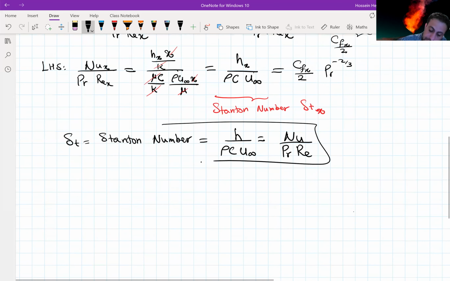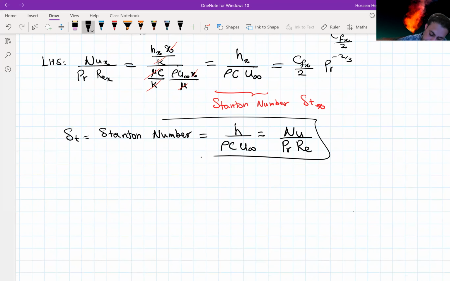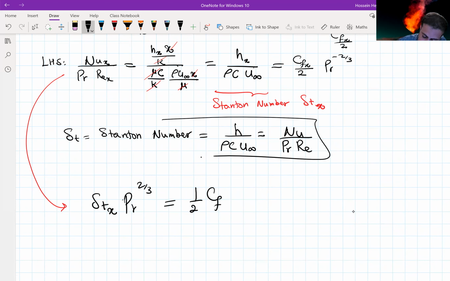Now, if I use this definition of Stanton number, then this equation, essentially, would be Stanton number of x times Prandtl to the power of 2/3 is going to be 1/2 Cf x, which is the drag coefficient here.